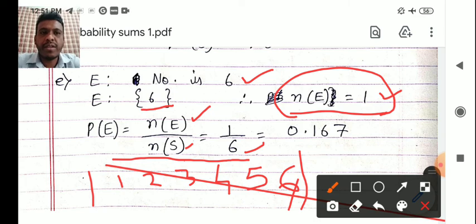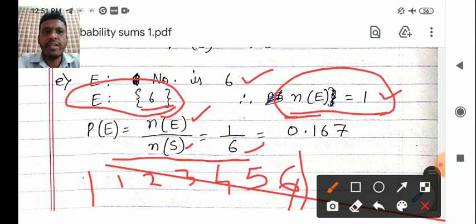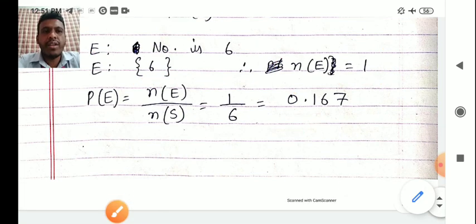Only one item. So that item will come in set E here. So n of E is equal to 1. Fine. So this is about this problem.